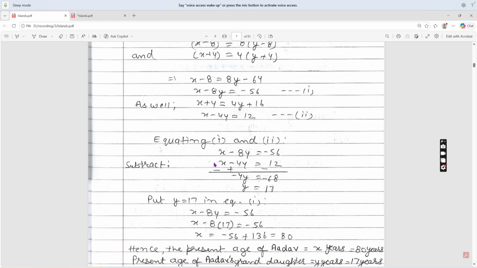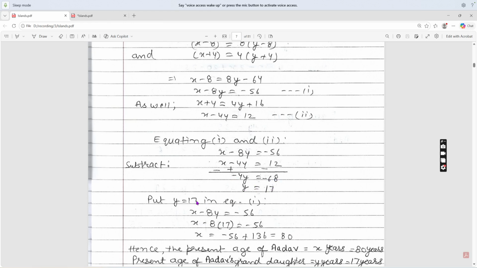What is the middle sign here? It is plus, plus becomes minus, minus becomes plus. So x minus x will be 0, and minus 8y plus 4y will give us minus 4y. Here minus 56 minus 12 will give us minus 68. So y is equal to minus 68 upon minus 4, that is nothing but 17.